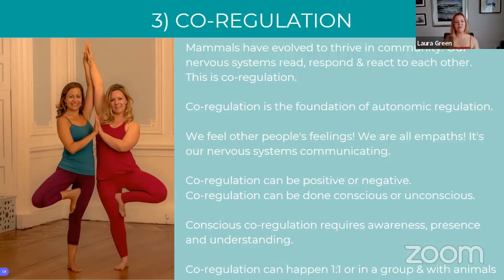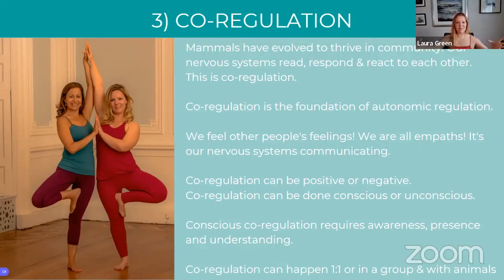Conscious co-regulation requires, first of all, you have an awareness of what is happening within your nervous system. You have a presence and you have an understanding of how to regulate your nervous system. Co-regulation is happening one-on-one. If you're with your loved ones, you're with your pets, you're with a friend, you're teaching one-on-one, you're with colleagues.